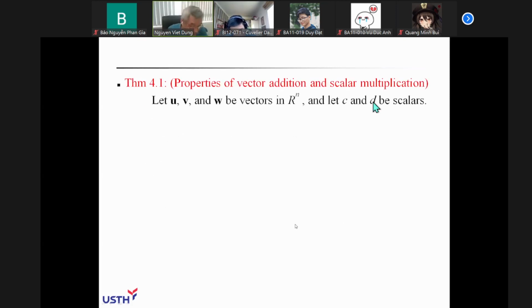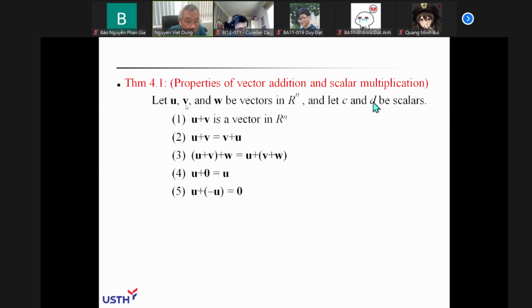Now I explain to you some properties for vector addition and for scalar multiplication. Let u, v and w be any vectors in R^n, and let c and d be any numbers. Then we have 10 properties, but I list 5 properties first. The first one says u plus v is a vector inside R^n. The second says u plus v equals v plus u, that is commutativity.